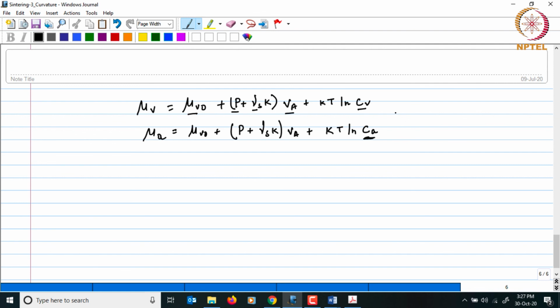Okay. So now the powder particles which are being sintered also have their own curvature, and that will lead to a change in the chemical potential which will drive the diffusional flux, and as a result of that the surface curvature also acts as a driving force for the sintering process.